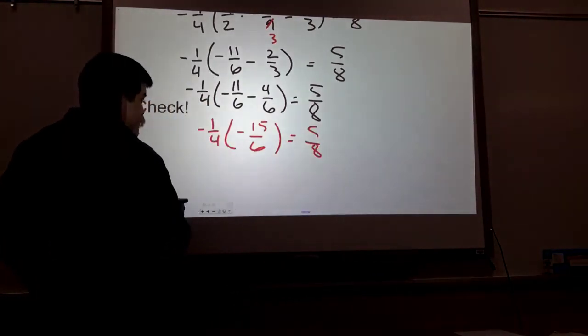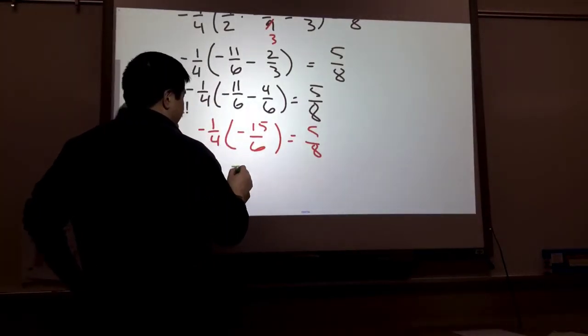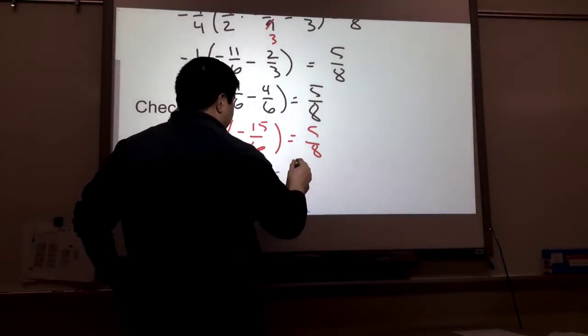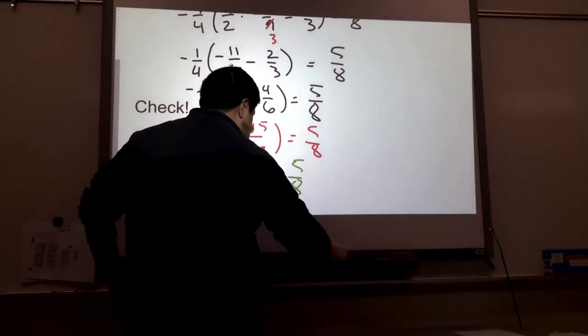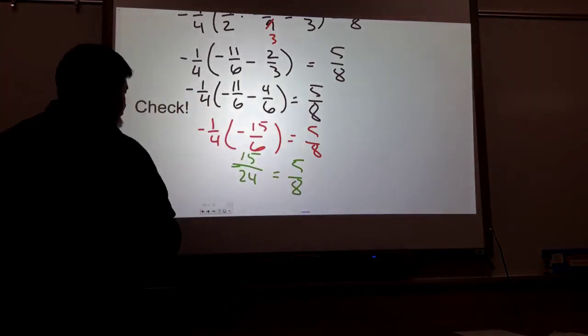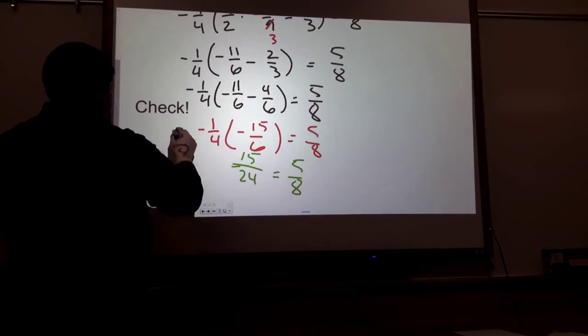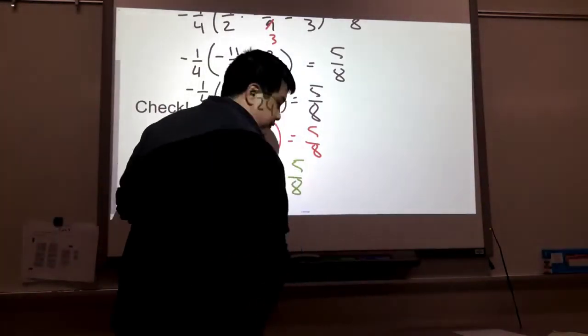Multiply it across, we get positive now, because negative times negative is positive, 15/24. Hopefully that's 5/8. And 3 goes into both 15 and 24. 5/8 equals 5/8. And check.